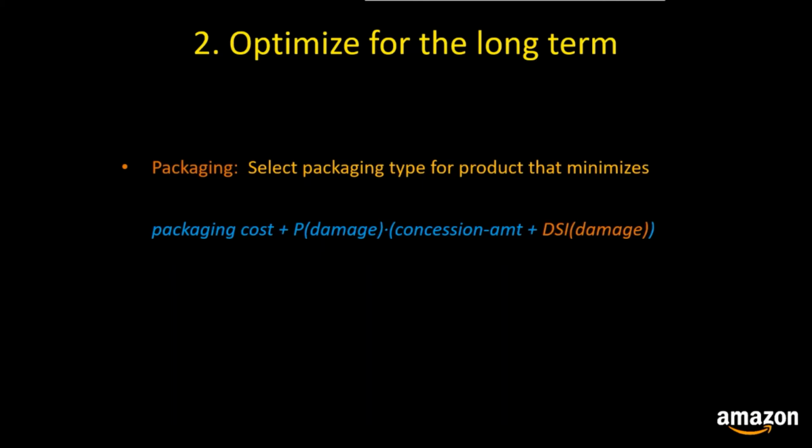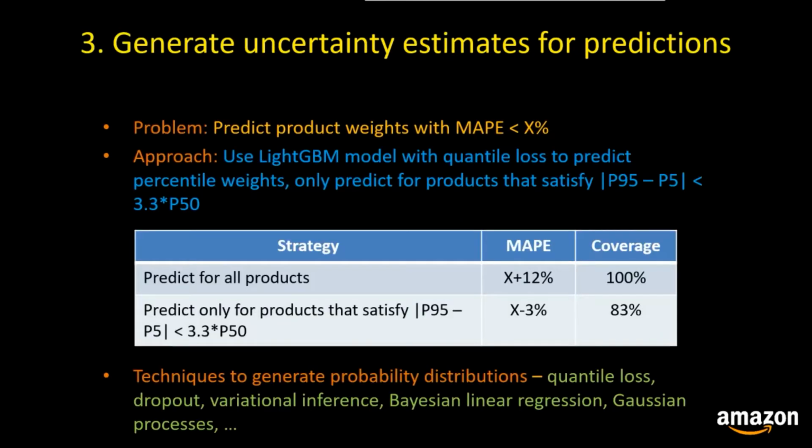Next slide. The third best practice that I want to talk about is around generating uncertainty estimates for predictions. Now, product weight data is a critical input within Amazon to calculate fulfillment fees for sellers, to determine the package recommendation for a product, and so on.